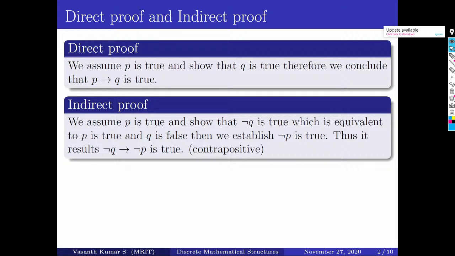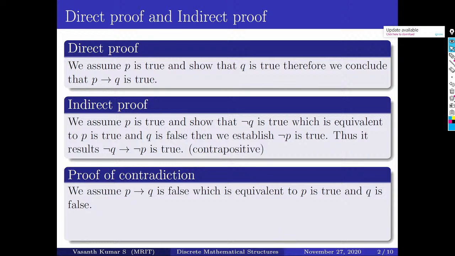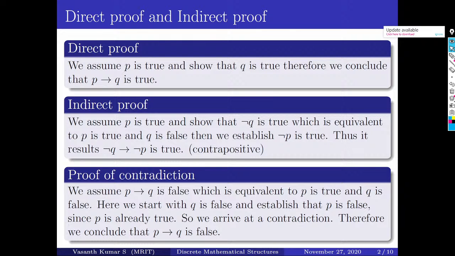Next, we shall see another type of proof called proof by contradiction. In this, we assume P implies Q is false, which is equivalent to P is true and Q is false. So here we start with Q as a false statement and establish the statement P as false.